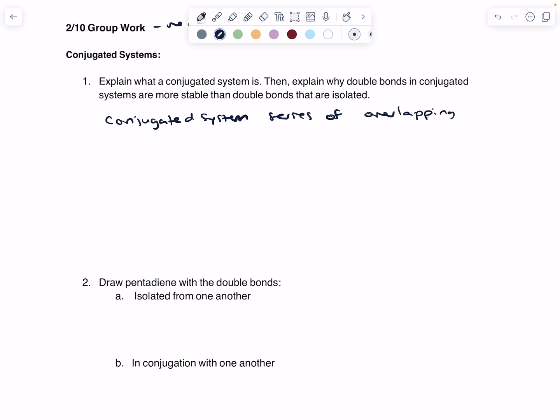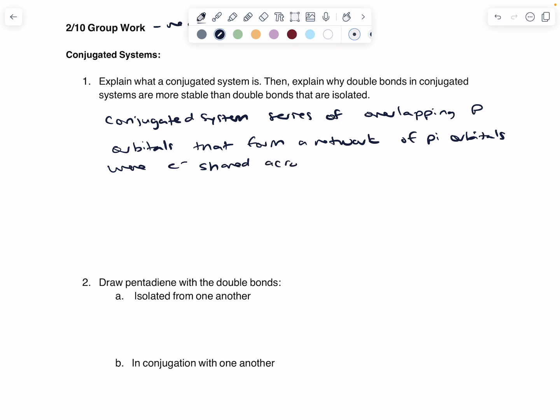Overlapping p orbitals that form a network of pi orbitals where electrons can be shared, where electrons are shared across a molecule, and they are responsible for resonance.